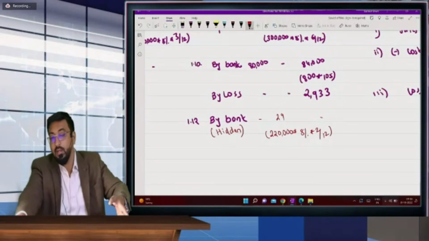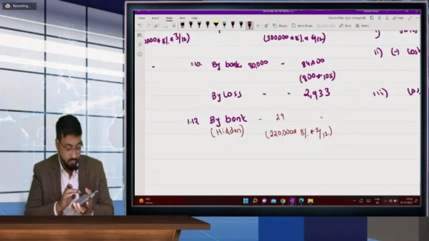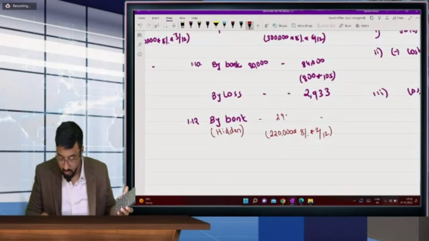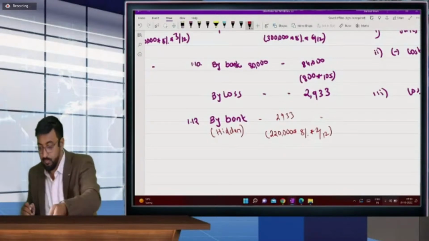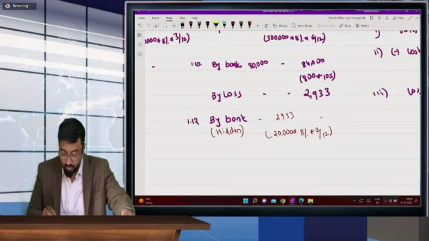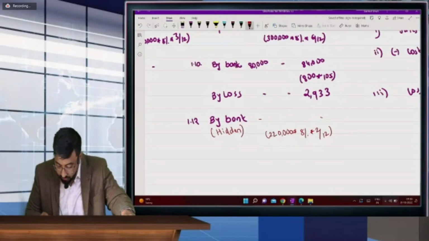What is the amount that you are getting? Calc is cheating. 2,933? No, no. Sorry, not this. How many percentage you converted into?